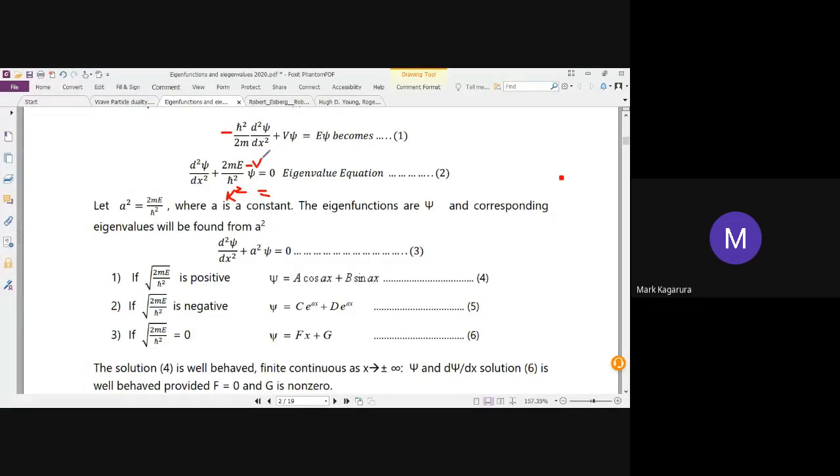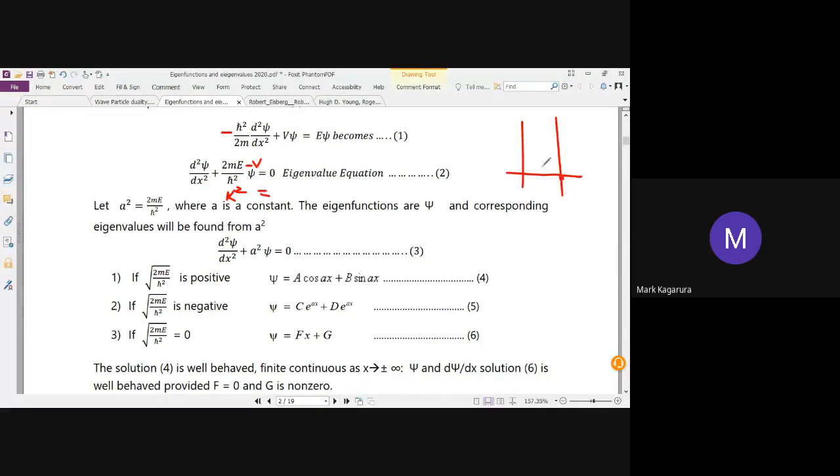But in this case, our potential is infinity. Not yet at the boundary, though.